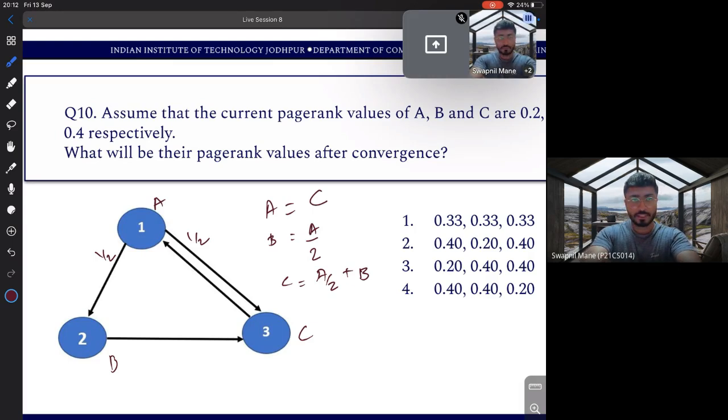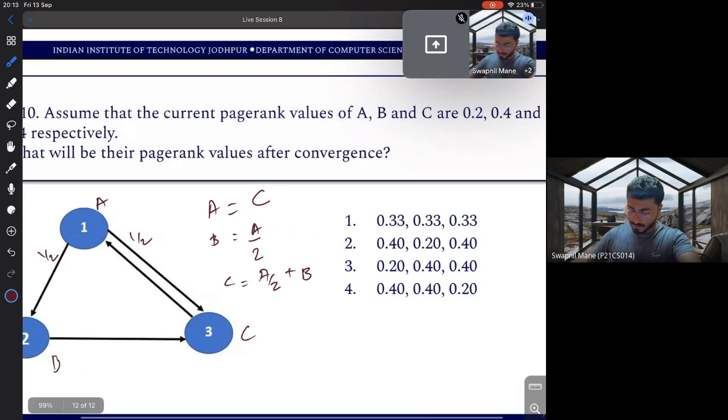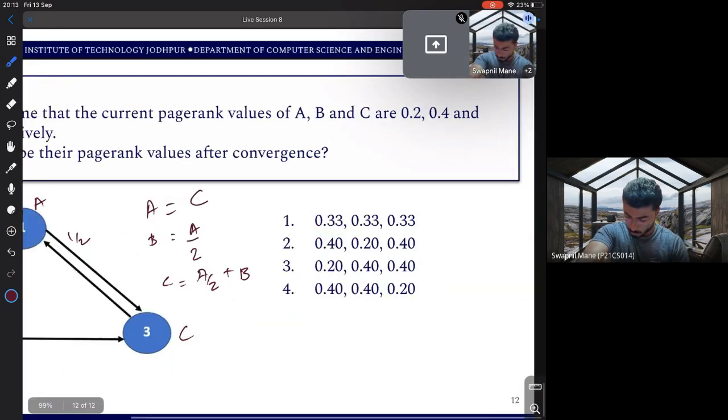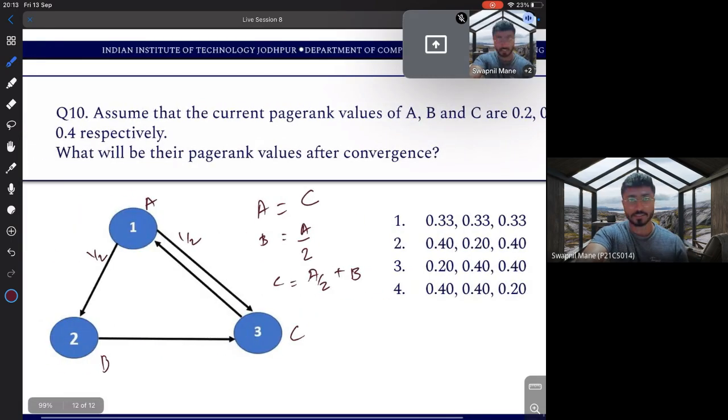So we have three nodes A, B, C. Firstly, A has 0.2, B has 0.4, C has 0.4 as initial page rank values. Okay, so 0.2, 0.4, 0.4 for A, B, C, right?